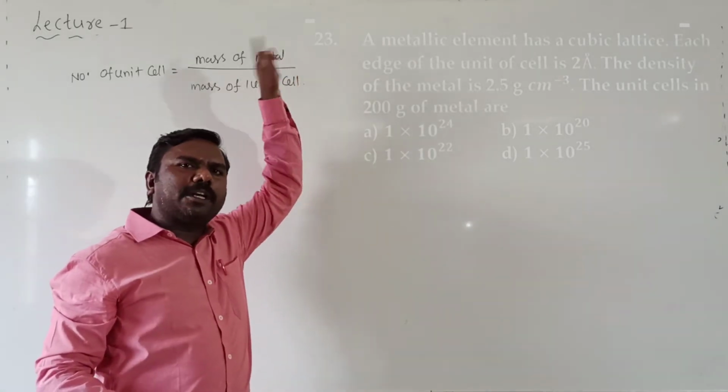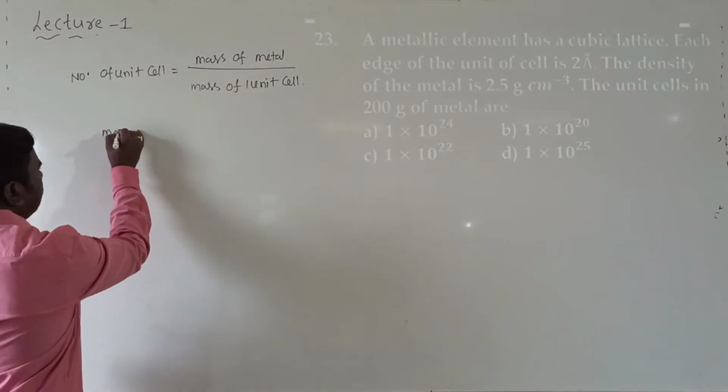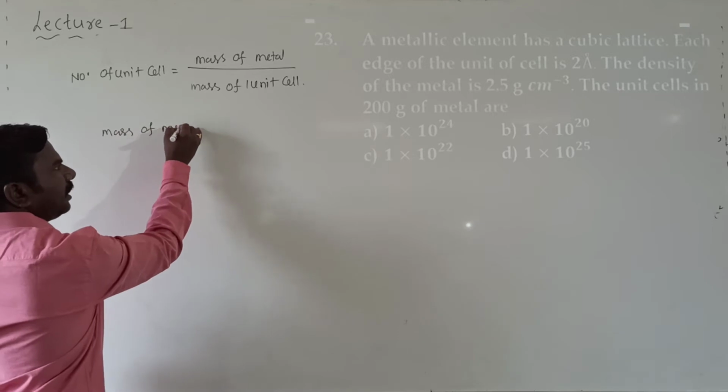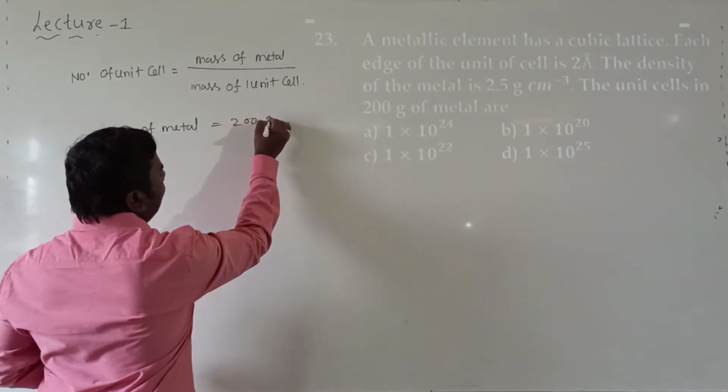Mass of total unit cells by mass of one unit cell. Mass of metal given, which is the mass of total unit cells, is equal to 200 grams.